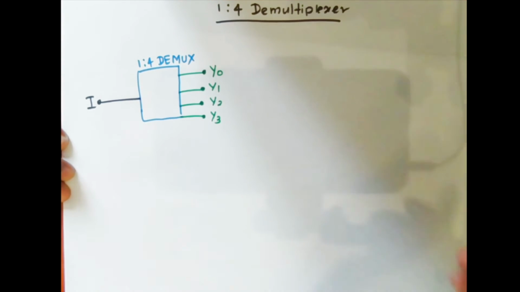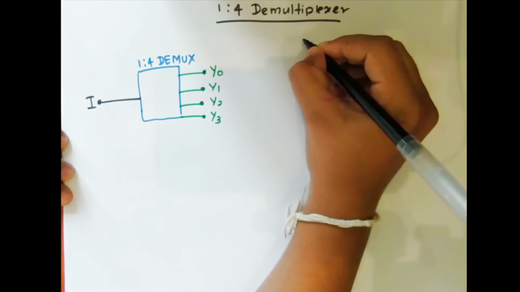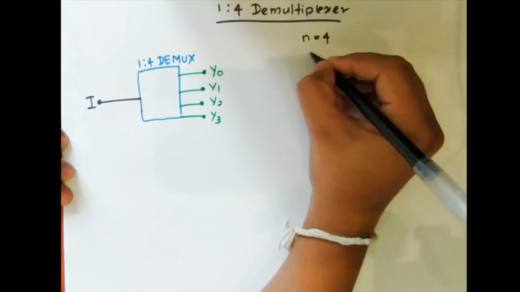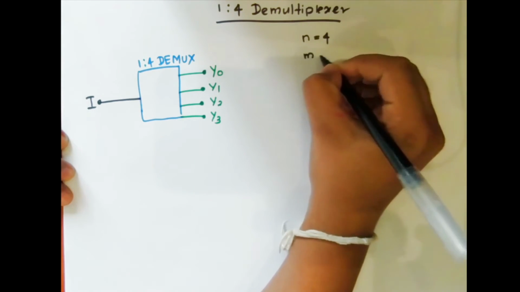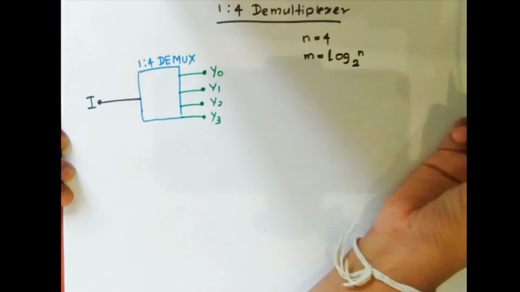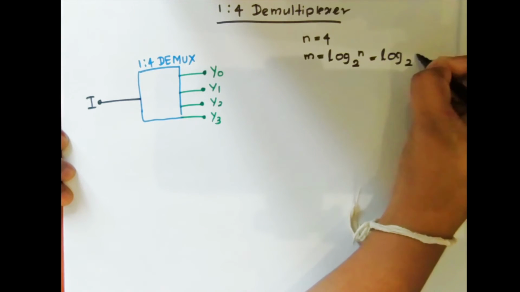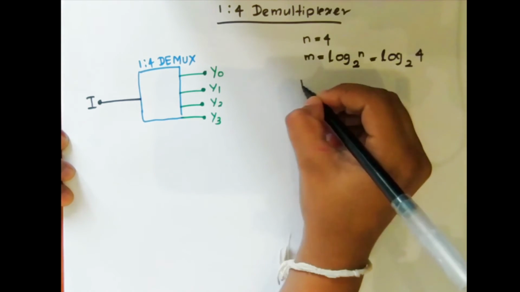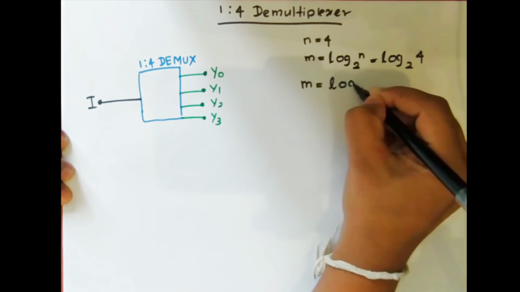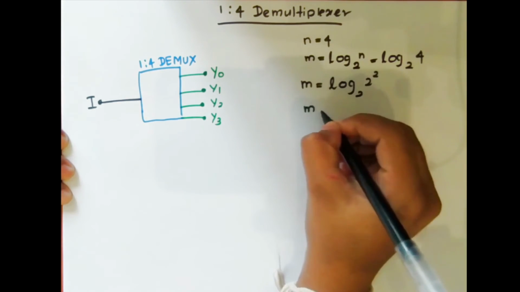So let's find out the number of selectors in this demultiplexer. It is similar to the previous scenario. I take the number of outputs as n, and here it is equal to 4, and I take the number of selectors as m. m is equal to log 2 to n. So I can write it like this. Here n is equal to 4, and now I can write 4 as 2 to the power 2. So I can rewrite it like this.